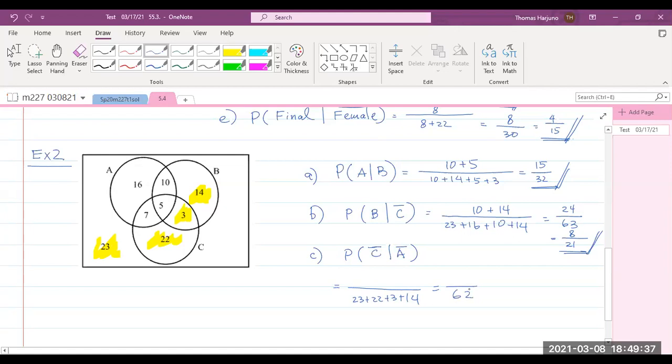Of these 62 elements not in A, how many of them are not in C? This guy not in C, this guy also not in C. That's 37 over 62. I cannot simplify that further.